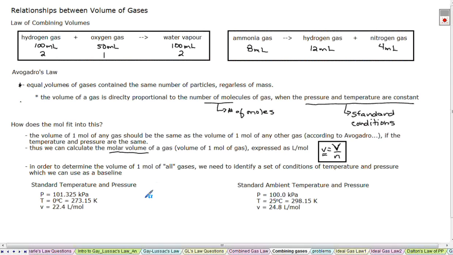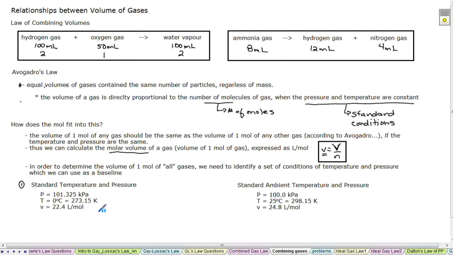That's where we have our pressure of 101.325 kilopascals, our temperature of 0 degrees Celsius, and it turns out that under these conditions, if I have 22.4 liters of any ideal gas, could be hydrogen, could be helium, could be methane, butane, any gas, I have exactly 1 mole of that gas.